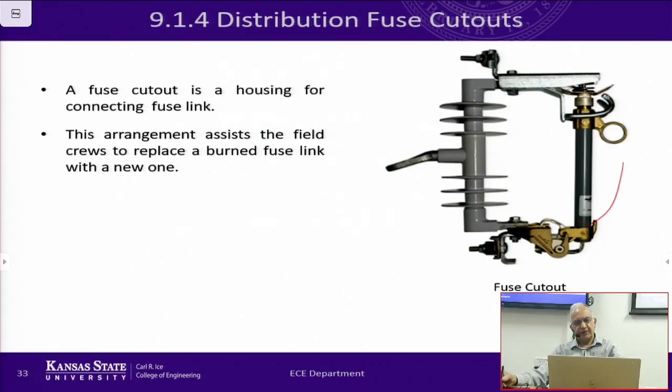The reason is that this is a visual indication for the linemen when there's an outage in the system and they want to physically walk around and drive to see which fuse has blown. They can look at the pole, and if this fuse has fallen down by itself, it means this fuse has operated as blown.